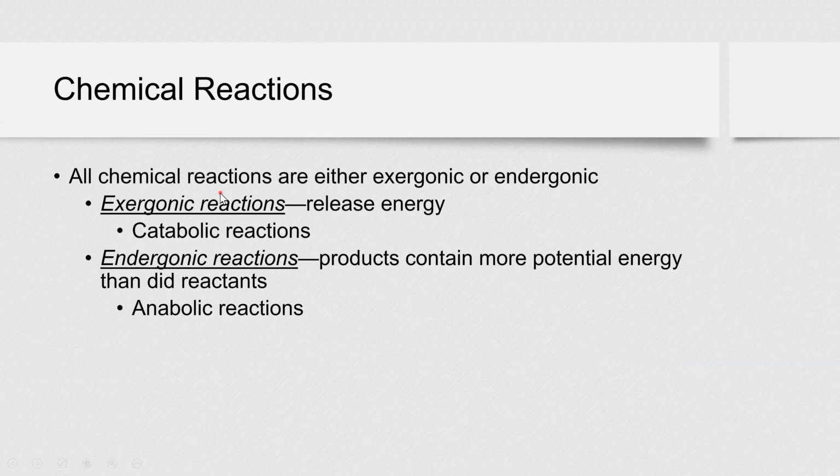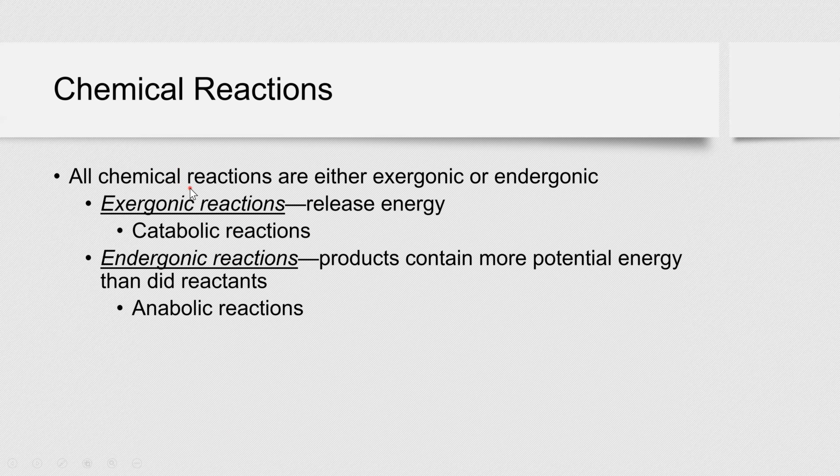Now, all chemical reactions are either exergonic or endergonic. Exergonic reactions release energy, and endergonic reactions use energy to make a product, and the product stores this energy, which you can then use to do some cellular work, right?